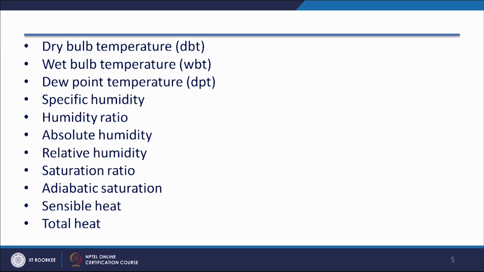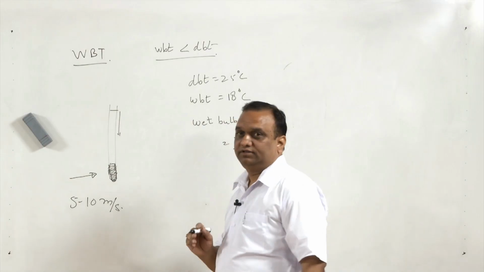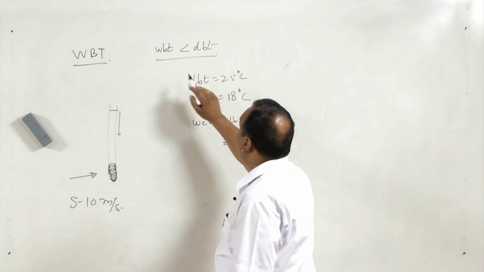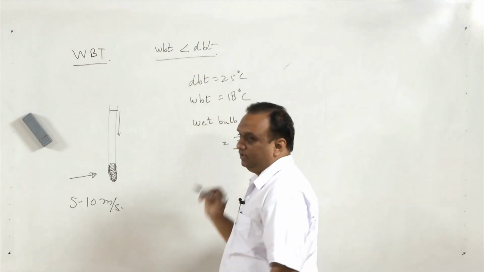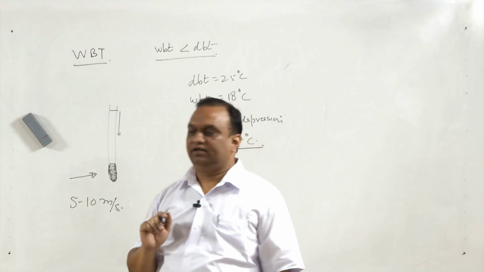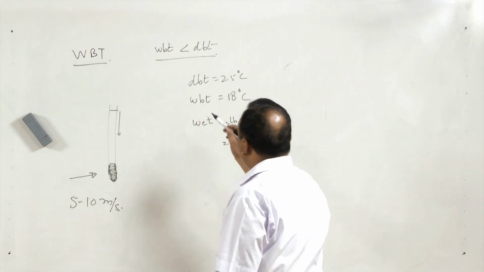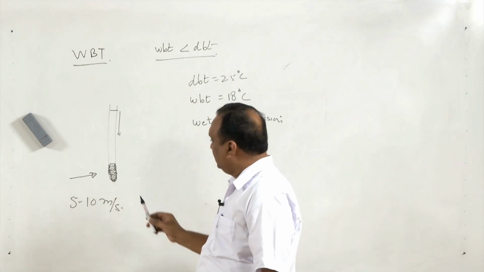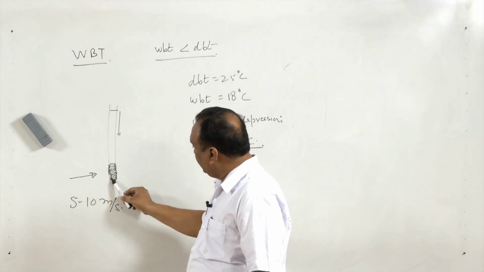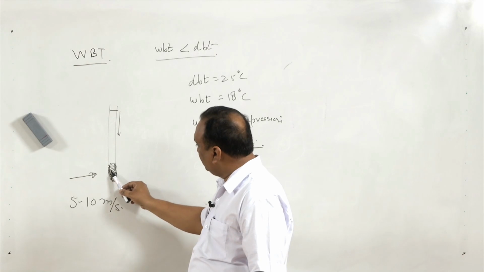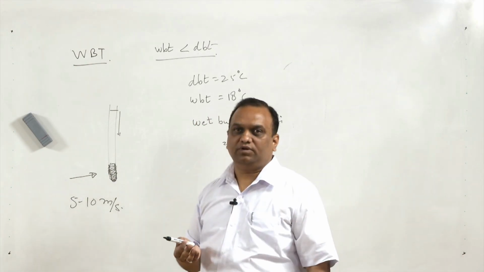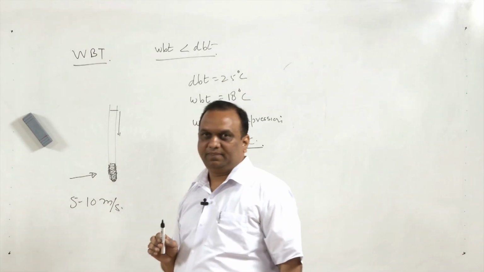Now, this wet bulb depression of 7 degree centigrade, if it is more, then what does it indicate? If it is less, then what does it indicate? And if there is no change, I mean both are equal, then what does it indicate? When dry bulb temperature is equal to wet bulb temperature, it means even when the wet cloth is placed on the bulb and air is blown, there is no evaporation from the surface.